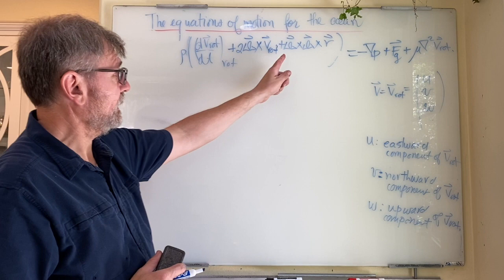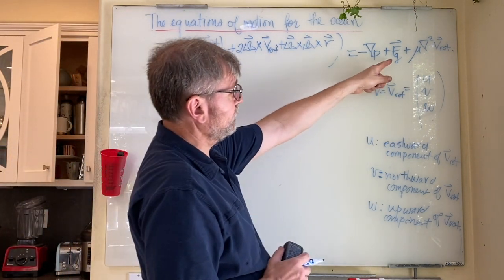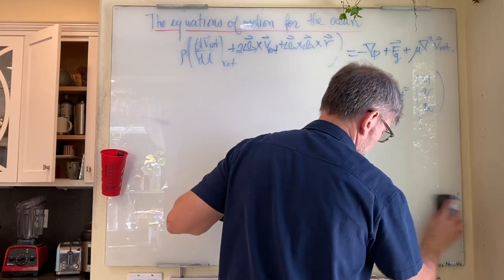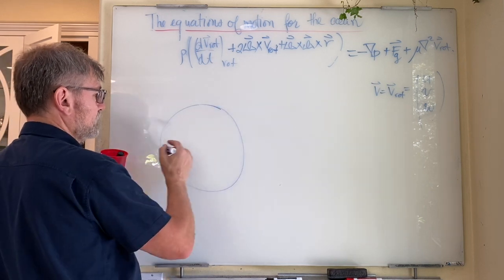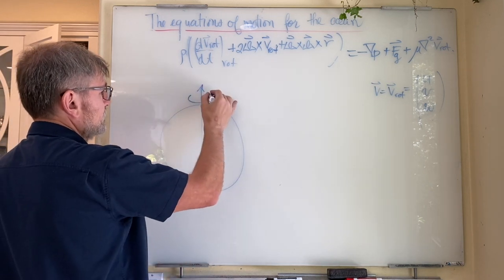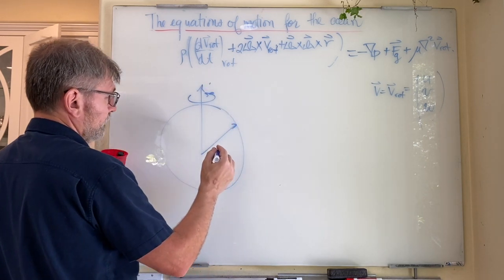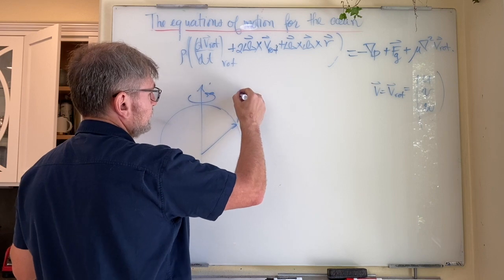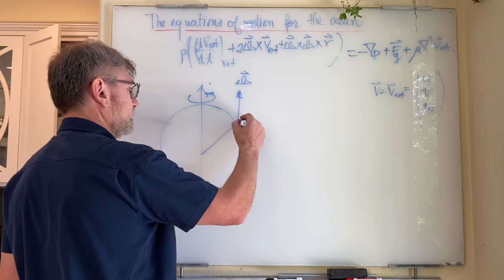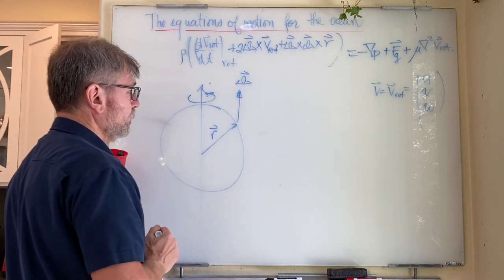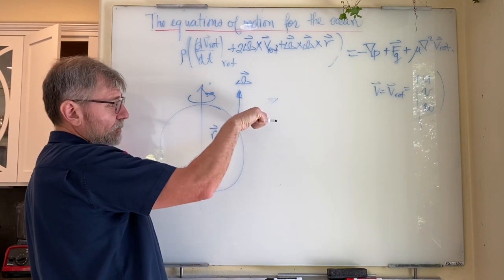Okay, so let's look at this term here. This term, which is the centrifugal, is going to get lumped in with the force of gravity. So if I draw a picture of the Earth like this, and this is the spin axis, and I pick a point here, omega is in this direction, and this is r. So if I do omega cross r, it's going to be into the board.